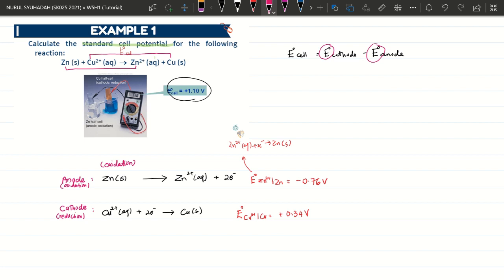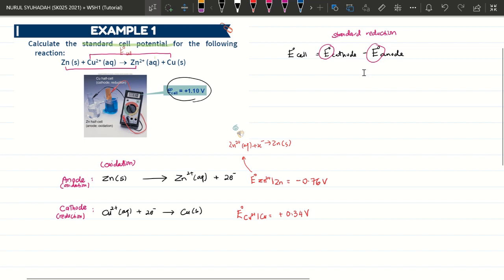So if you reverse the value and put it as positive 0.76, it becomes an oxidation value, which is not valid in this equation.